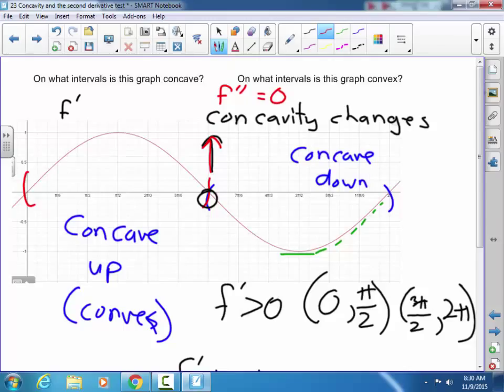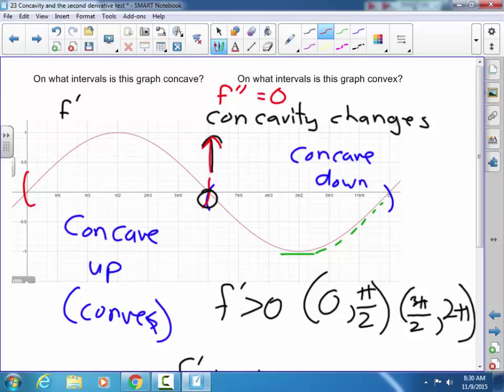Okay? Now, the first derivative is the rate at which f is changing. Right? The second derivative is the rate at which the first derivative is changing. So if you think of this as position, velocity, and acceleration, f double prime is acceleration.